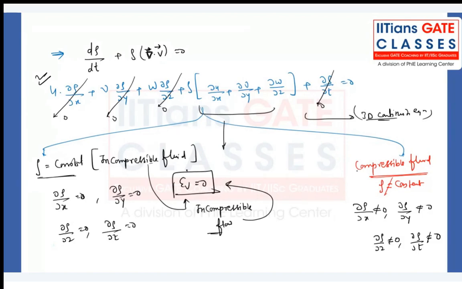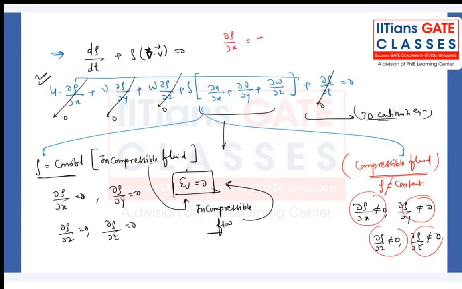Now, understand, suppose I'm taking the same equation. In this equation, these terms are not equal to 0, but there is a possibility that a compressible fluid can have incompressible flow under certain conditions. Suppose ∂ρ/∂x gives plus 5, ∂ρ/∂y gives minus 5, ∂ρ/∂z gives plus 2, and ∂ρ/∂t gives minus 2, for example.